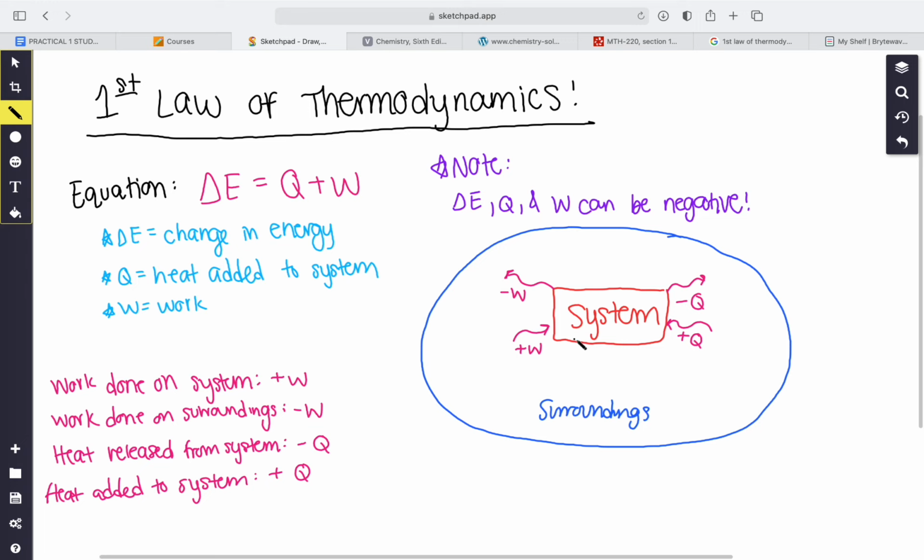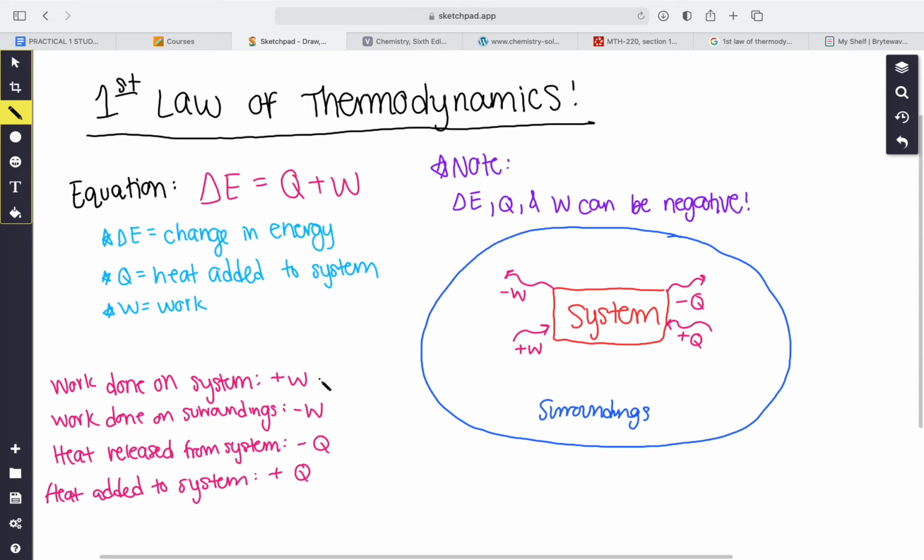Like if we're thinking of it as a box, work is being done to crush the box because the pressure builds up and it crushes. So the surroundings are doing work on the system. Similar to the heat, the work is going to be positive, so it's going inside of it.